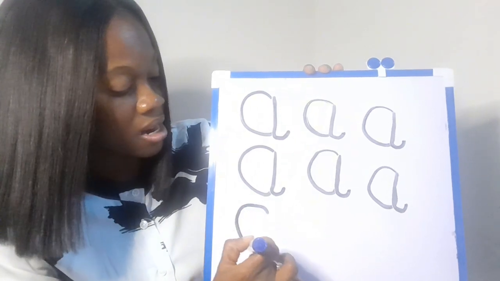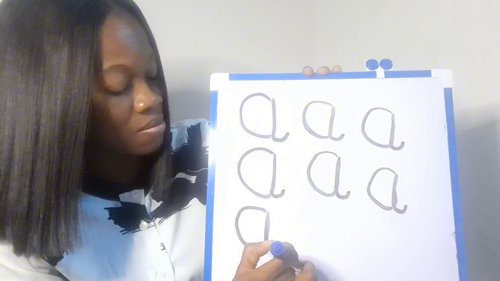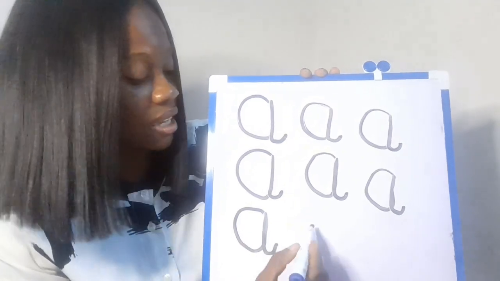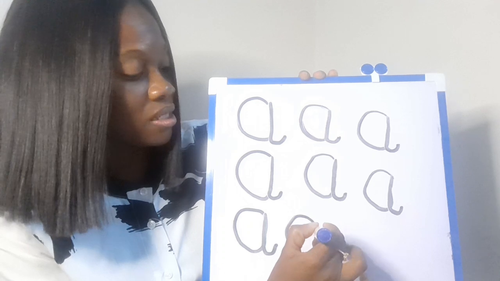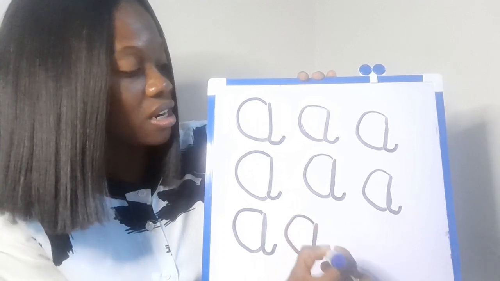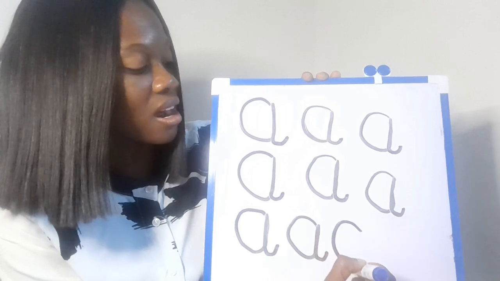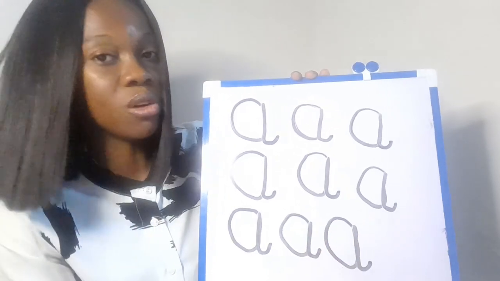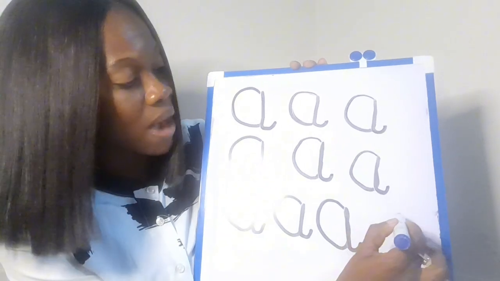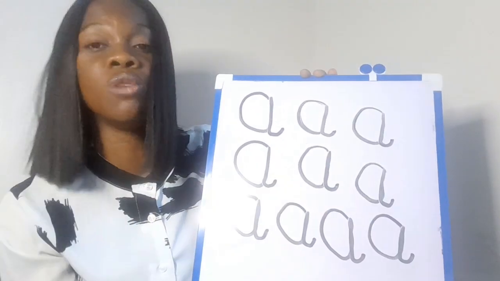A back curve. Go up, down the same line, and make a loop. Did you see that? Again. Okay? Amazing. Good job. One more time. A back curve. Go up, down the same line, and make a loop.